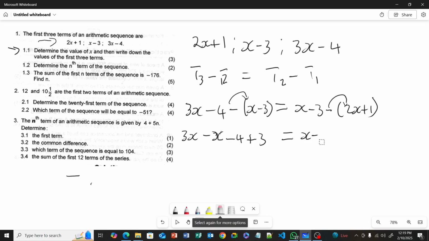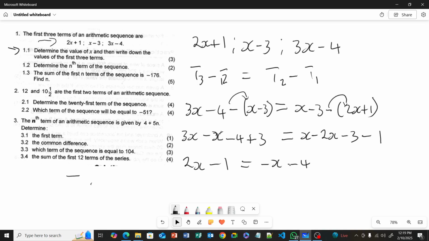So it's going to give us minus 2x. Okay, then that minus 3, then negative plus 1 will be negative 1. Now let us simplify the like terms. On the left hand side we have 2x, then we have minus 1, which is equals to minus x minus 4.